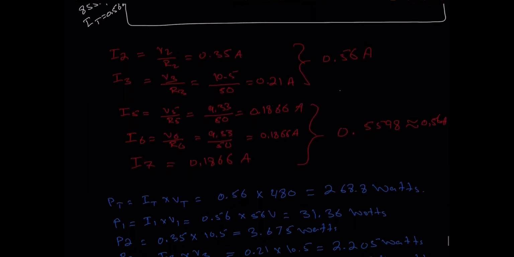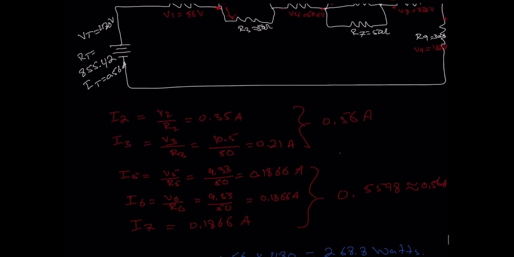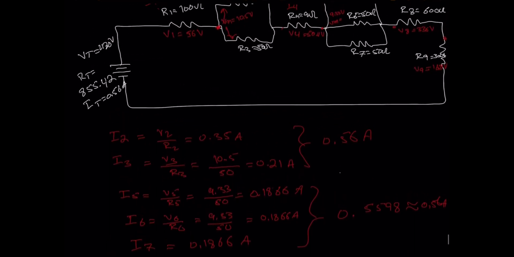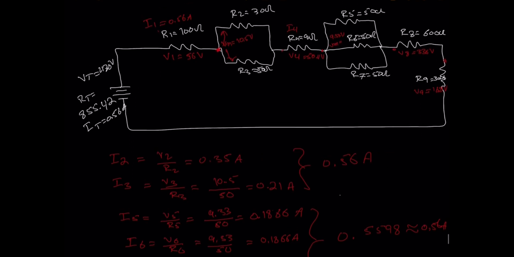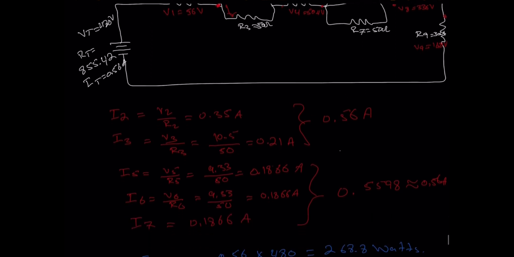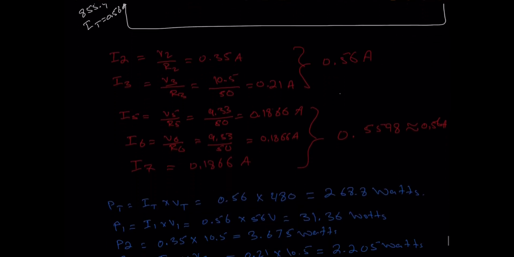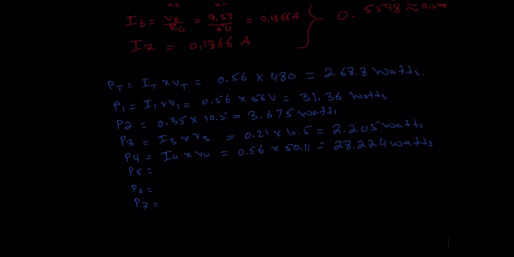Okay, so P5, P6, and P7 should be the same because they got the same current and they got the same voltage. They're all equal.